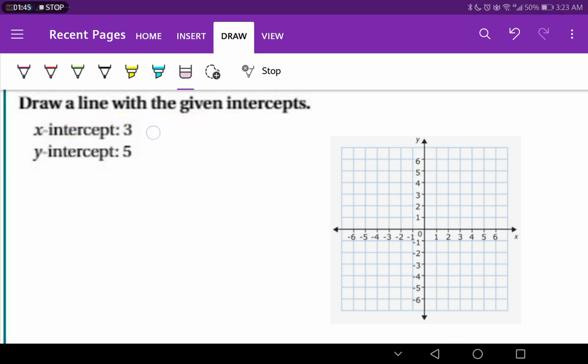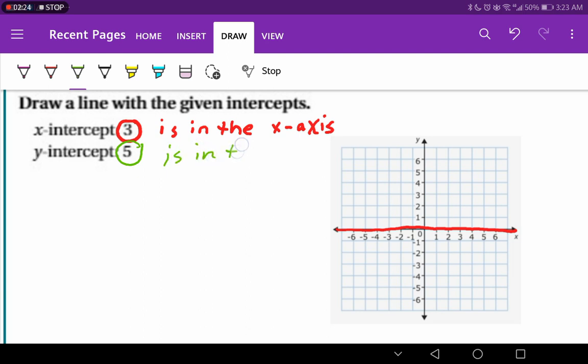But actually, if you want to draw, you don't need this song. You have to know that the x-intercept is 3, that means this 3 is on the x-axis. Don't tell me you don't know what the x-axis is. This is the x-axis, my dear student. And y-intercept means it is on the y-axis.